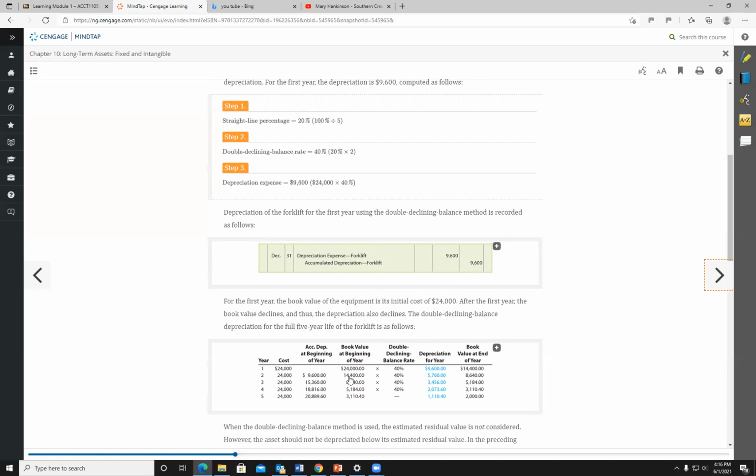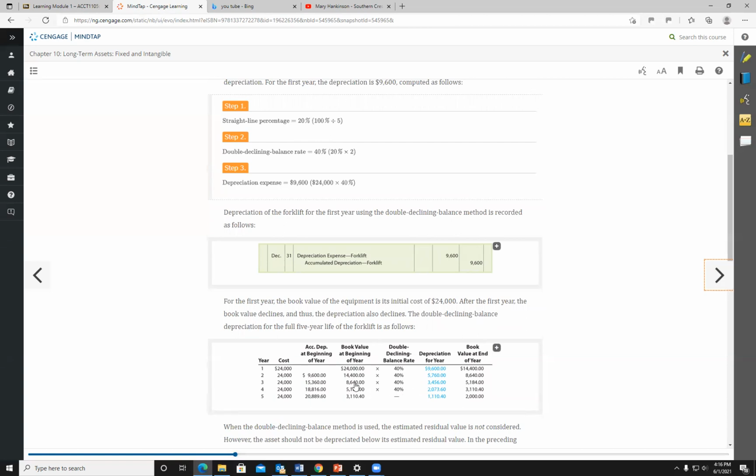Now we're going to take that book value and multiply it by 40%. That's the new depreciation for the next year, which gives a new book value of 8,640. Then we come down here and continue.